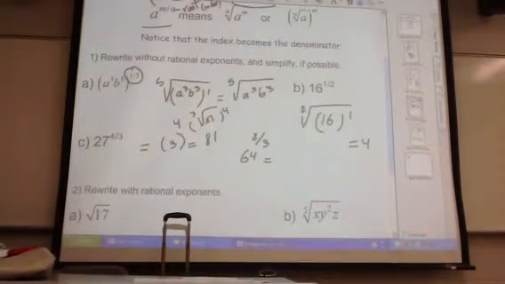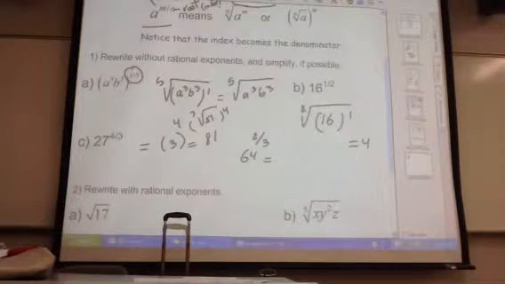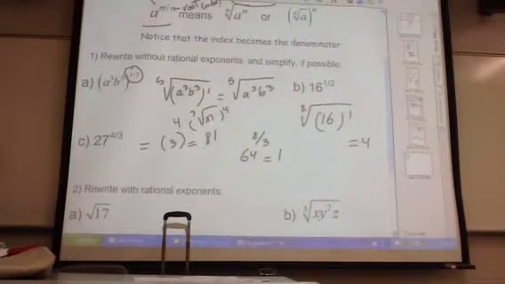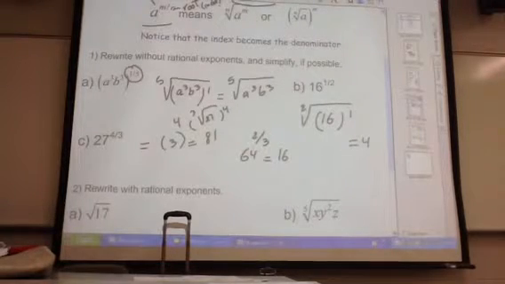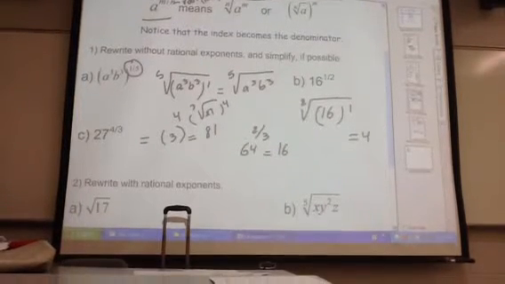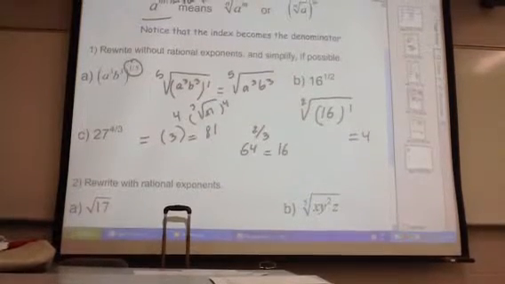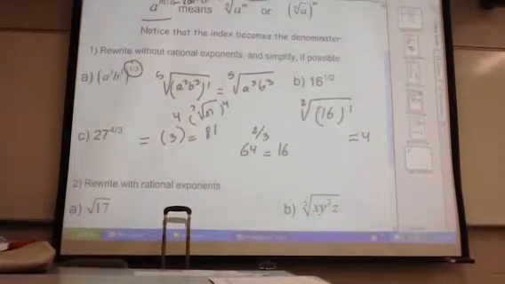Raise it to the power of 2. 16. Done. Okay? You can write it. So you can write cube root of 64 and everything to the power of 2.